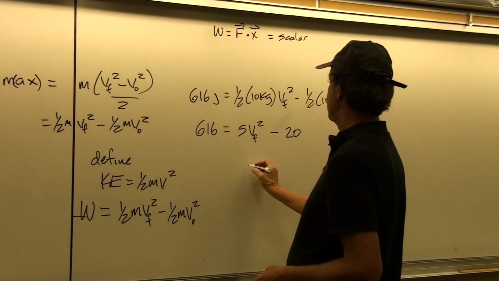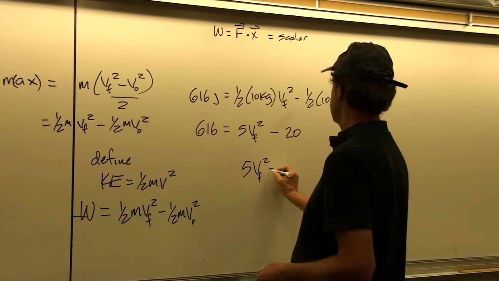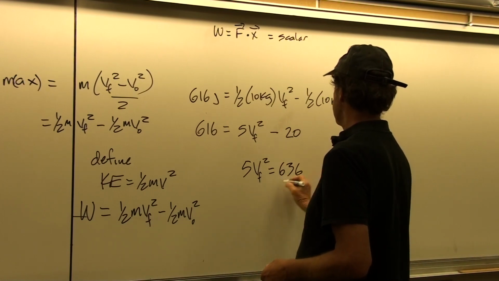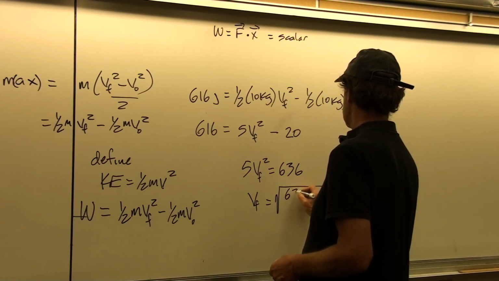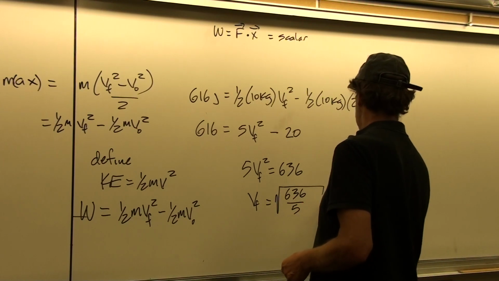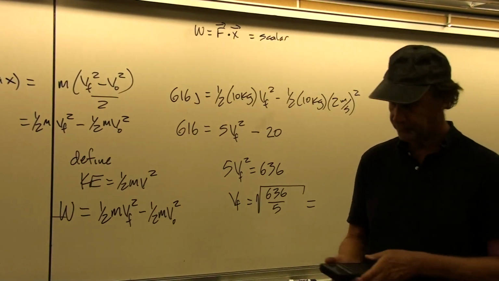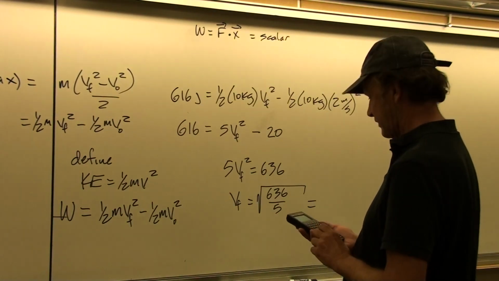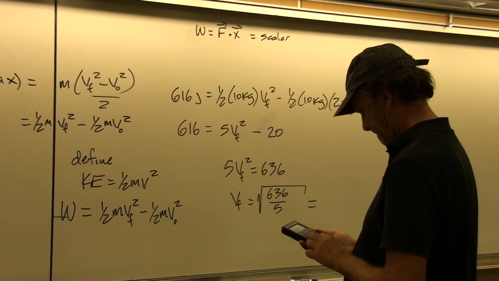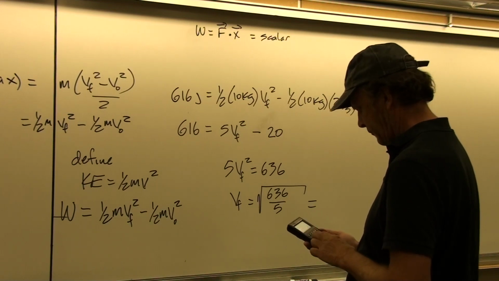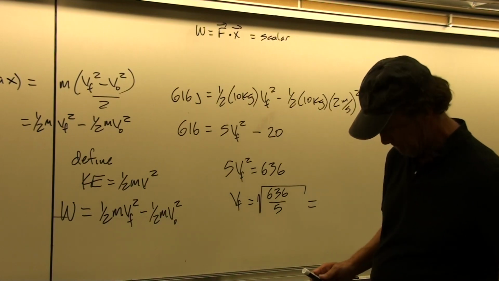And so then we'll add that to both sides, and that gives us 5 v final squared equals 636, or v final equals square root of 636 divided by 5. So it's a pretty straightforward process then of solving for the velocity. And that gives us 11.2 meters per second.